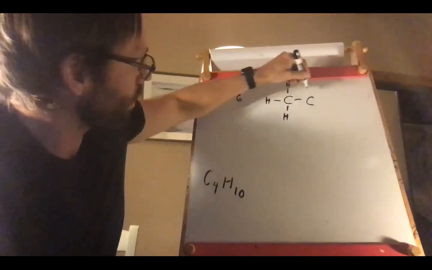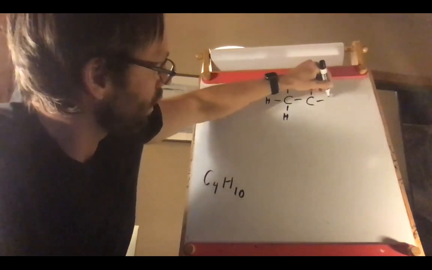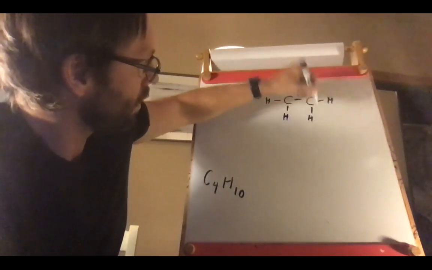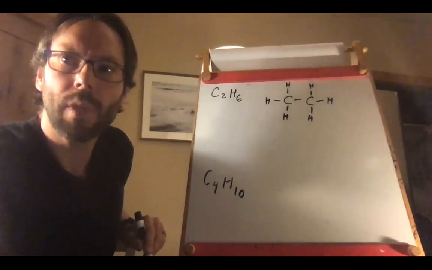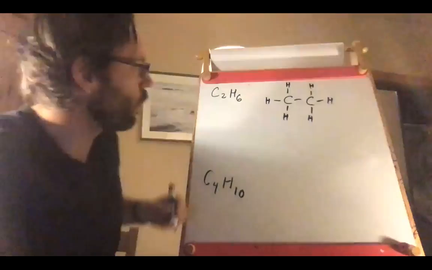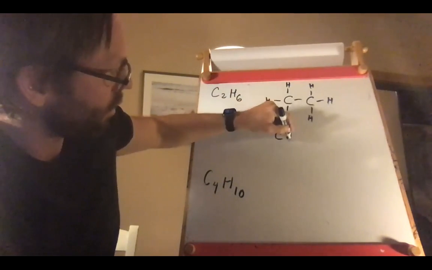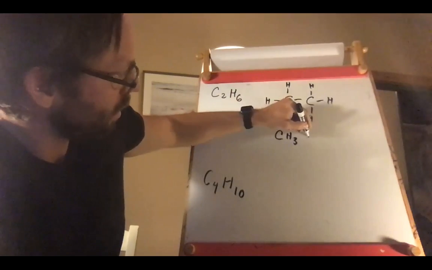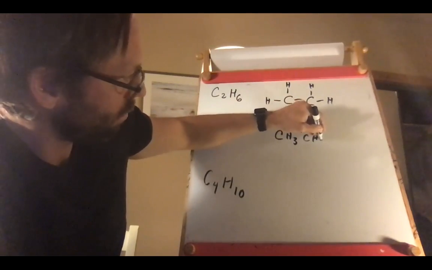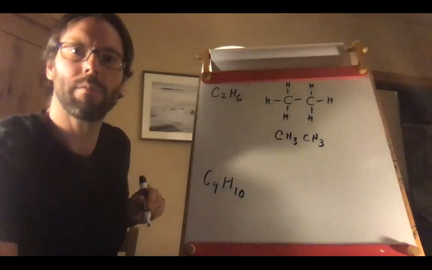1, 2, 3, 4, 5, 6. Okay, condensed would be CH3, CH3, right?